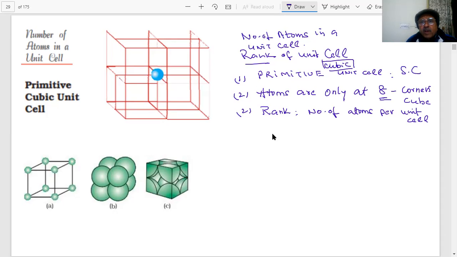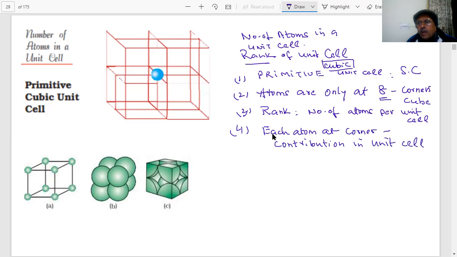So, students, this is my third point: what is the contribution of each atom at the corner? This is one unit cell. Each atom on the corner, what is its contribution in the unit cell? 1/8.